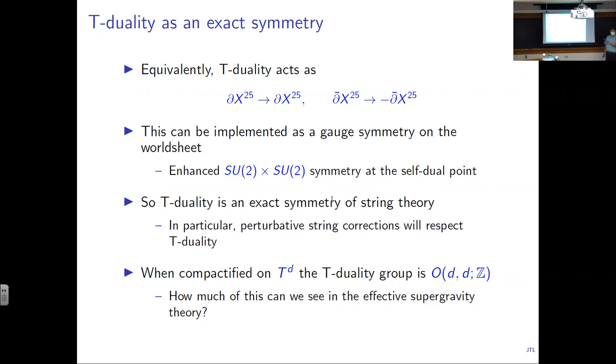Basically, the e to the ikx modes or e to the ipx modes, the so-called W bosons, become massless at that point. You have an SU(2) enhanced gauge symmetry. What we can find is an SU(2) symmetry operation that actually implements d bar X goes to minus d bar X. So it can be realized as an exact gauge symmetry, an exact symmetry of string theory.